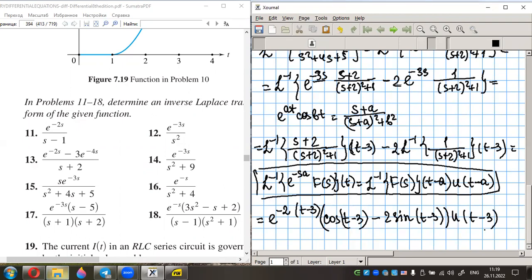This is the answer of the problem. Is it clear? Yes.